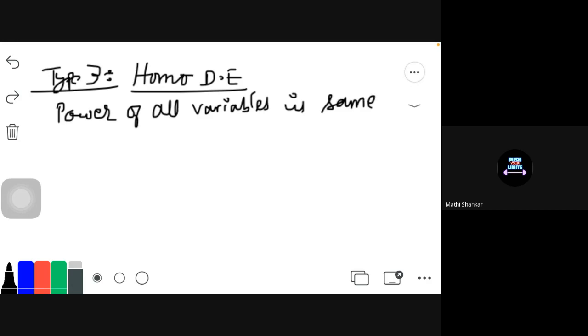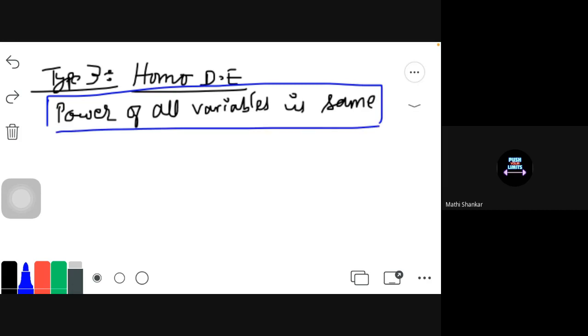If power of all the variables is same, then the given differential equation will be called as homogeneous differential equation.